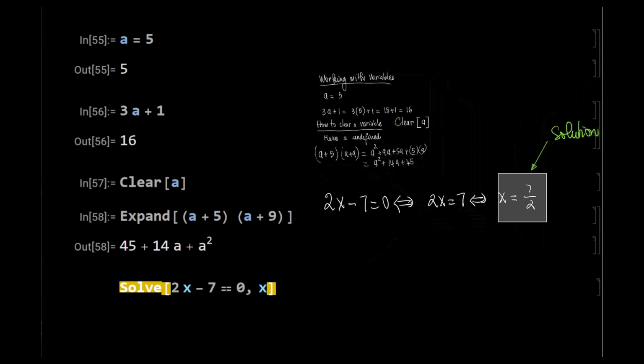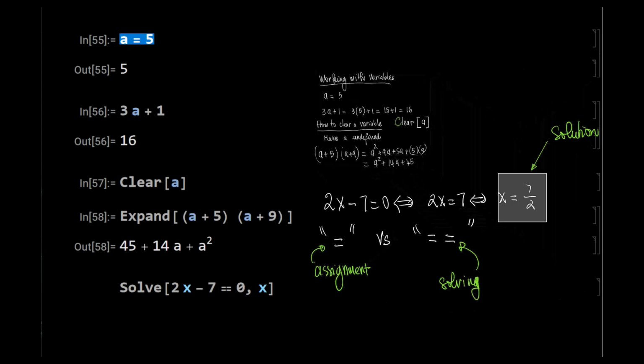So we have to distinguish between when we are using an equal sign for an assignment. When you write just one equal sign for assigning a value to a variable, that value gets stored in the variable, and the variable serves as a placeholder for the value. As long as that assignment is made, Mathematica will always understand your variable as holding that value.